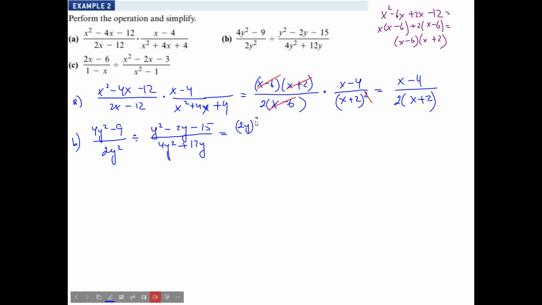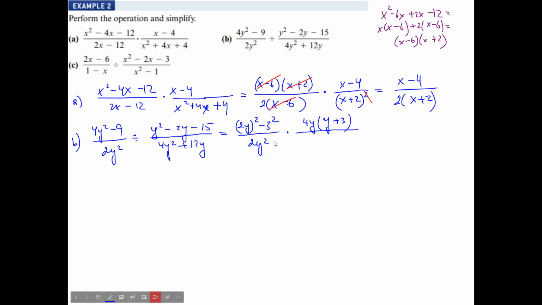Good? 2y squared, just as is. Now we have to change division to multiplication. For that, we flip the fraction. So times, here, let's take 4y outside. And I have what? y plus 3.